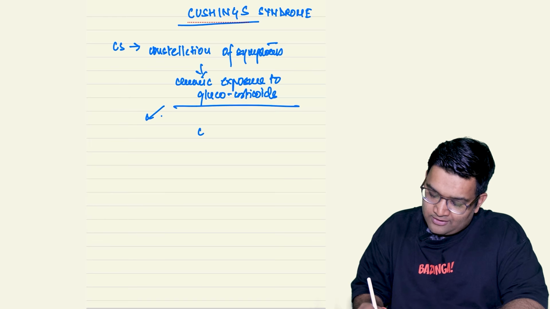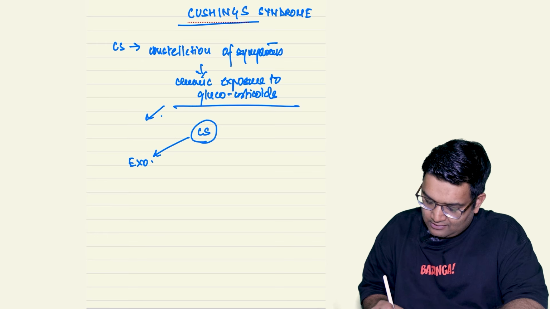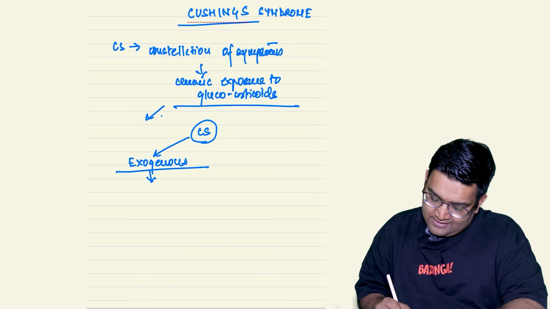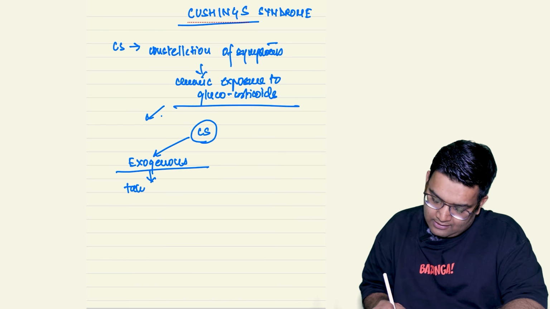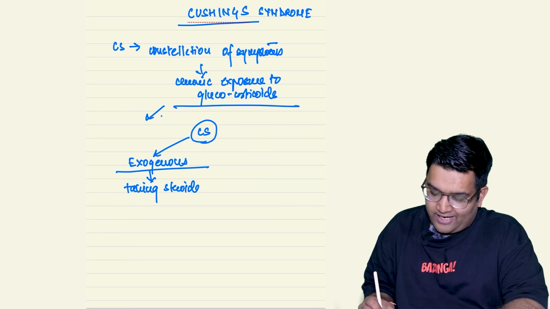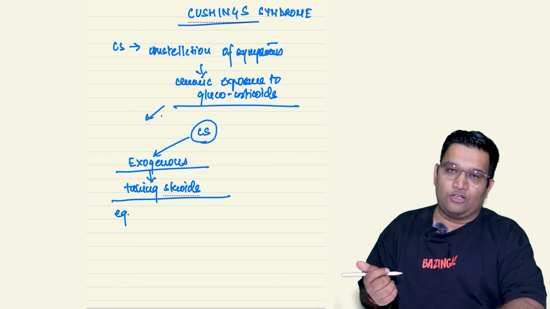So Cushing syndrome can be exogenous, that is, the patient is taking steroids from outside, maybe knowingly or unknowingly.